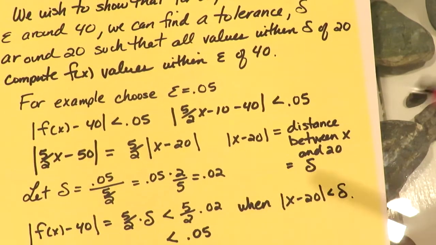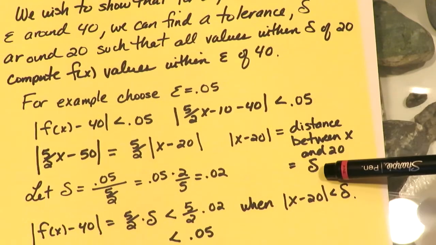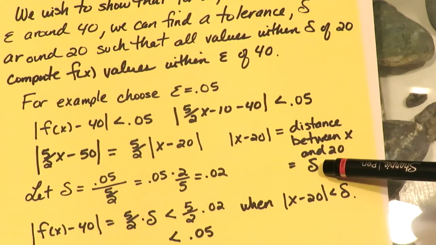But hey, the absolute value of x minus 20 is the distance between x and 20. That is my tolerance around 20. That expression means the little tolerance that I'm going to stay within 20. So I can actually replace the absolute value of x minus 20 with my symbol delta.